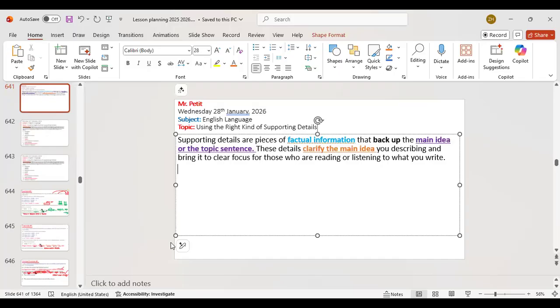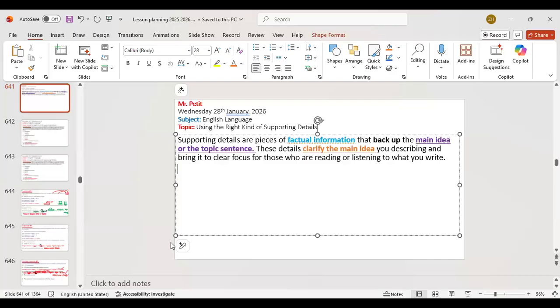The main idea, topic sentence. I'm going to ask it one more time just to reiterate the point. What do supporting details back up? The main idea. The main idea or the what? Topic sentence.